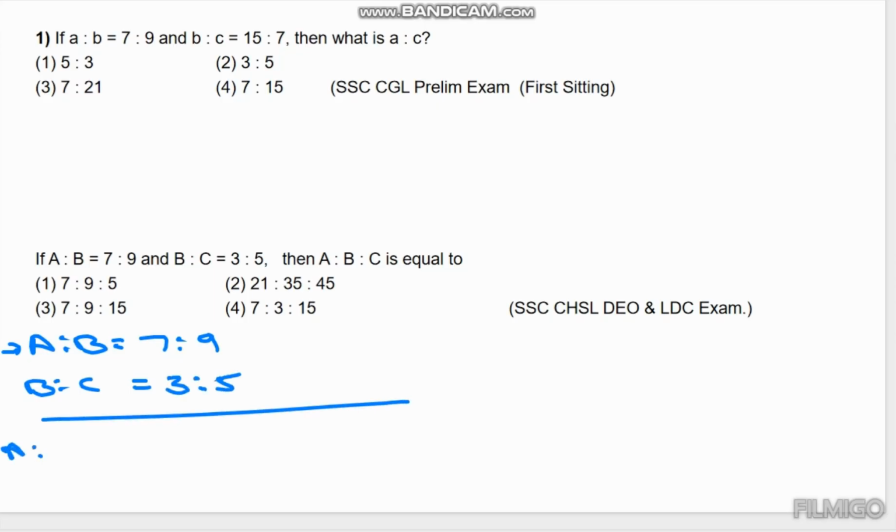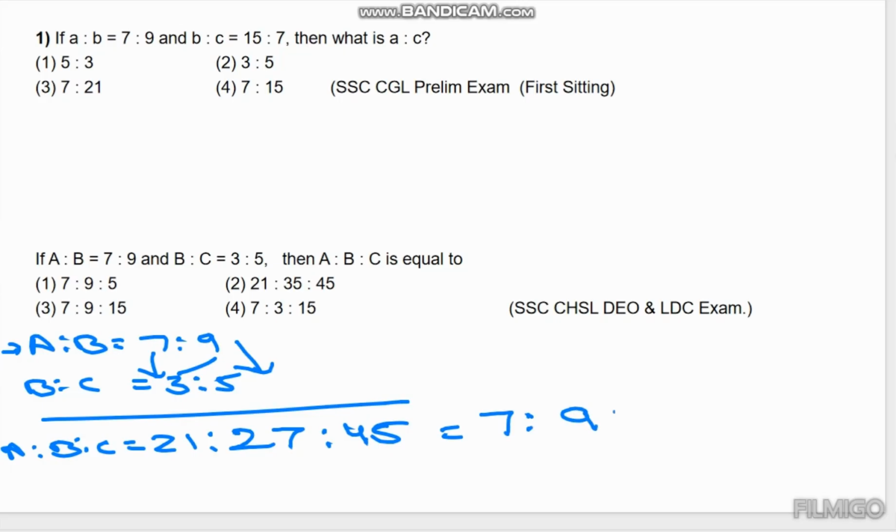So A is to B is to C equal to 7 into 3 is 21 is to 3 into 9 is 27 is to 9 into 5 is 45, which can be further simplified as 7 is to 9 is to 15.